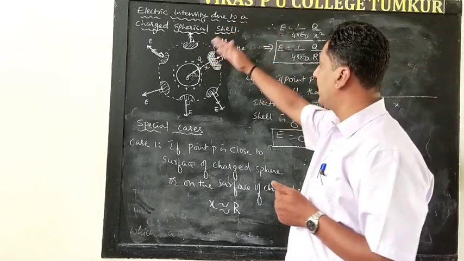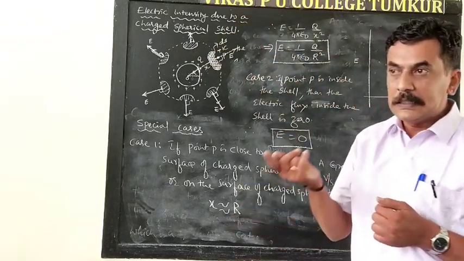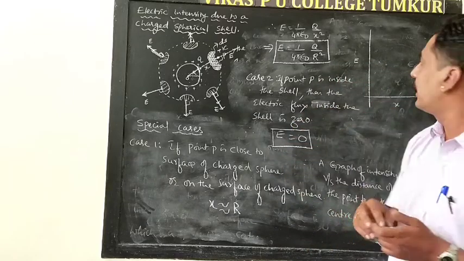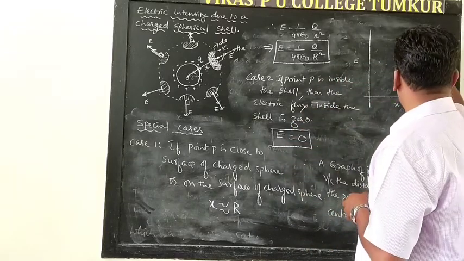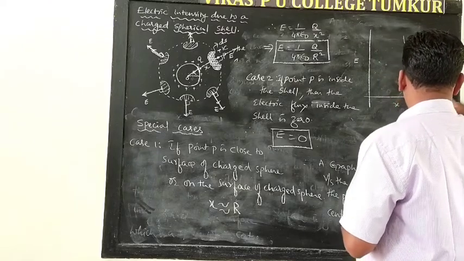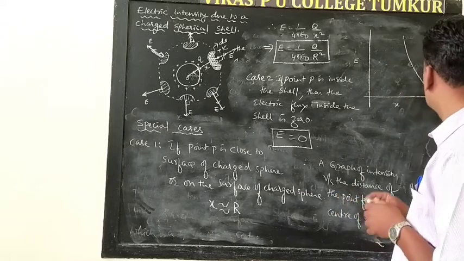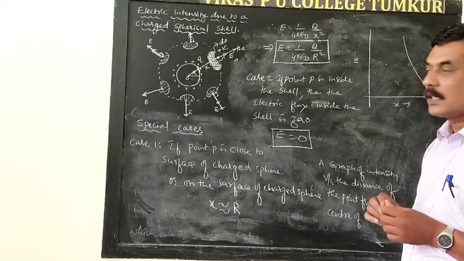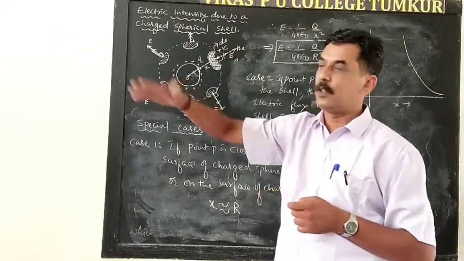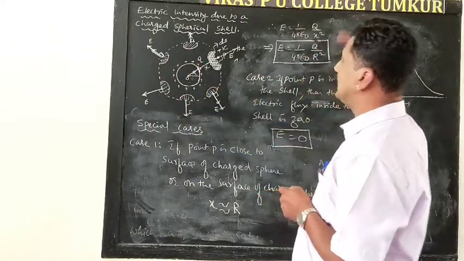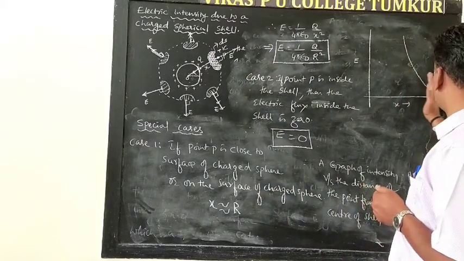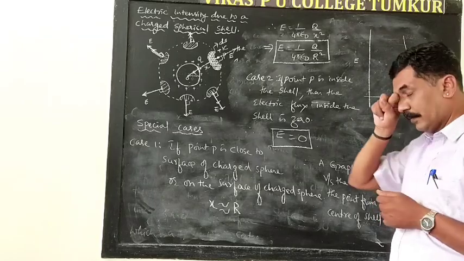If the point moves away from the center, the intensity decreases as the square, so the curve will be like this. This is x. As x decreases, the intensity rises. As x increases, the intensity decreases.